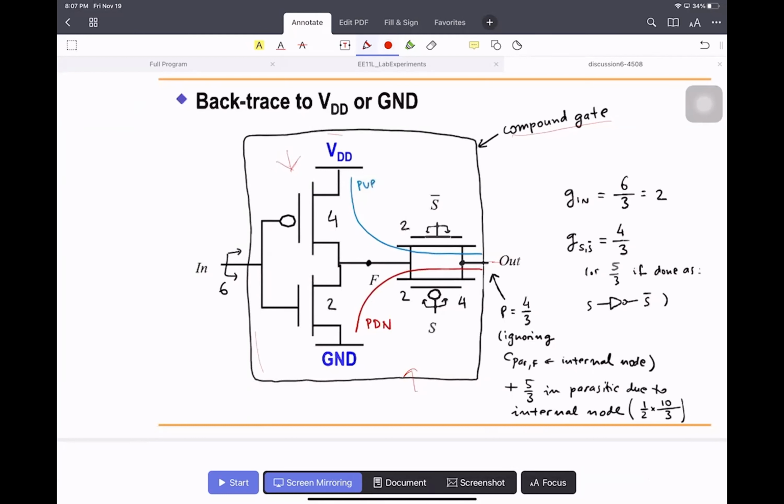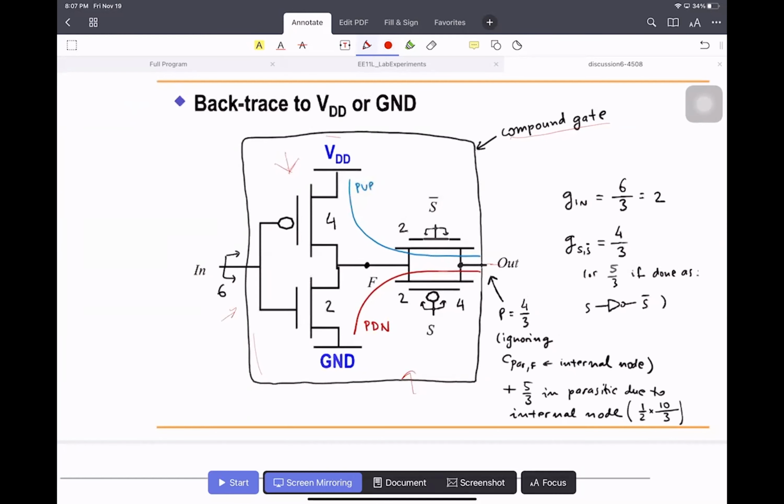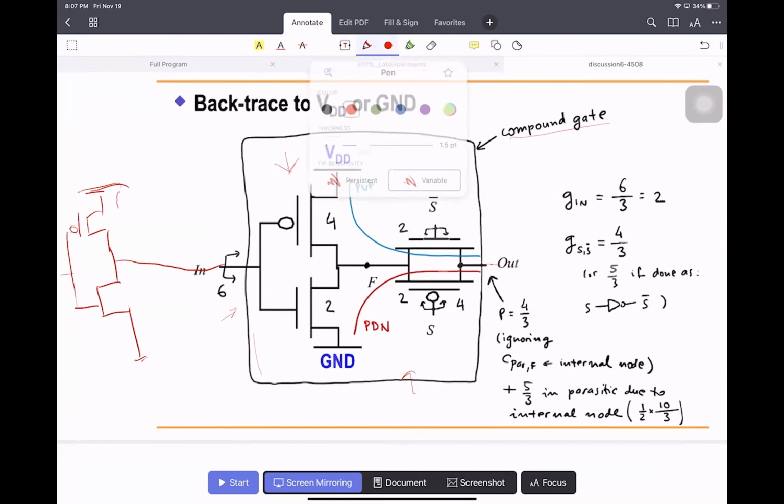I guess I explained this before. For one stage, the current can only flow within that one stage. Say before this stage, we have another stage that is just an inverter, and the inverter connects to this stage. If you look at the current flow, the current starts from VDD.